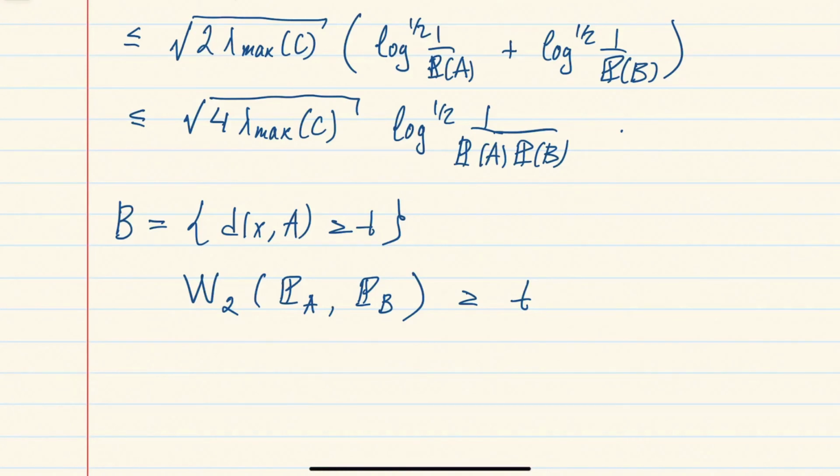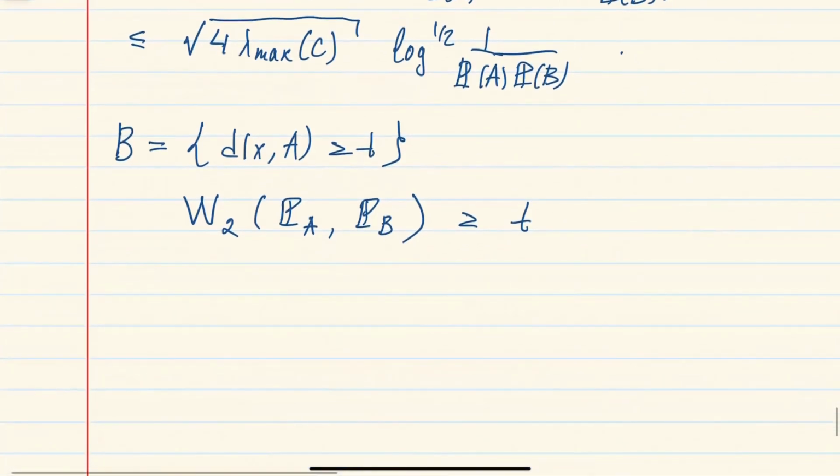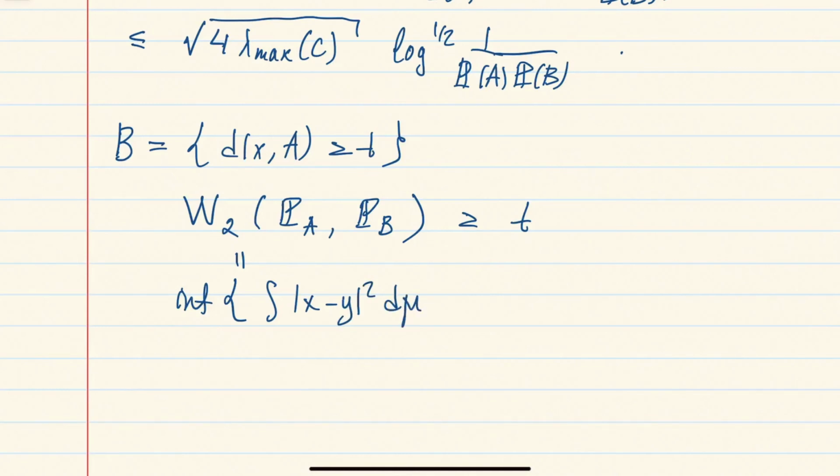Okay, so this is just from a heuristic interpretation of our W2 metric, but of course you can also make this clean and rigorous just by recalling that you try to find the infimum of the integral of |x minus y| squared d mu, and then at the end we'll have to take a square root, and you minimize this over all measures mu with marginals P_A and P_B.